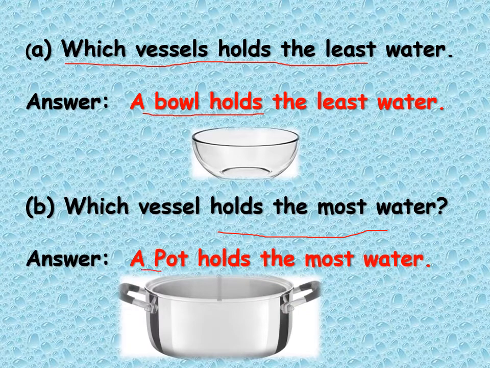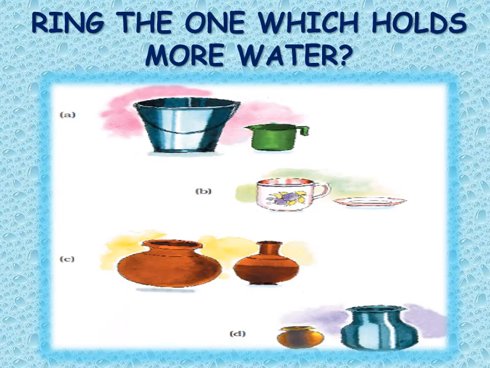Yes, a pot holds the most water. As in our activity, a pot holds 9 cups of water. So, we can conclude from the activity done that a bowl holds the least water and a pot holds the most water.